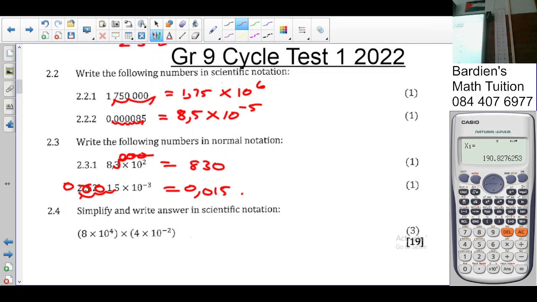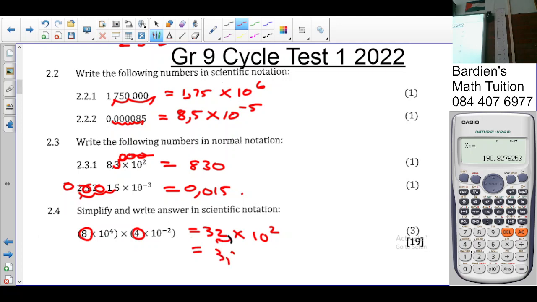The next one says simplify and write your answer in scientific notation. So again, 8 times 4 is 32 times x to the 10 times x to the negative 2. That's going to be x to the 2. Currently that comma is lying there. You should have one significant figure in front of the comma. So I'm going to move that by 1 unit.